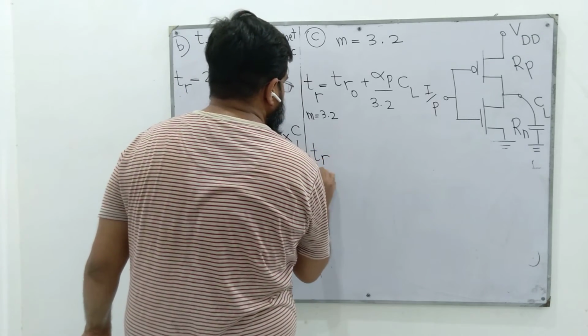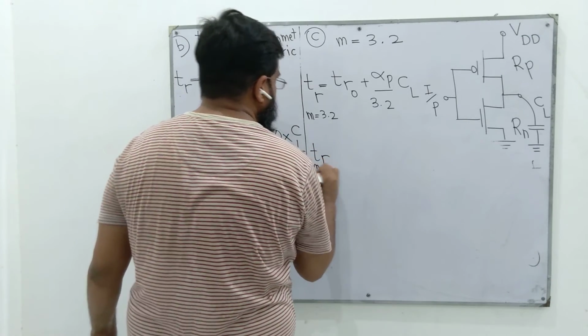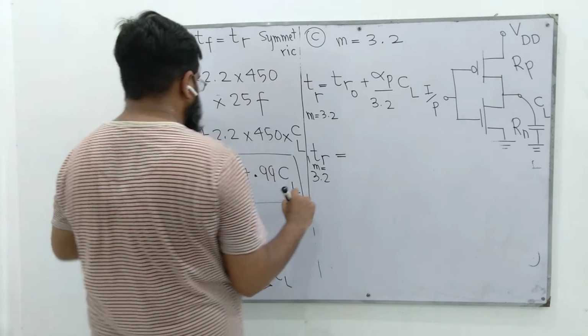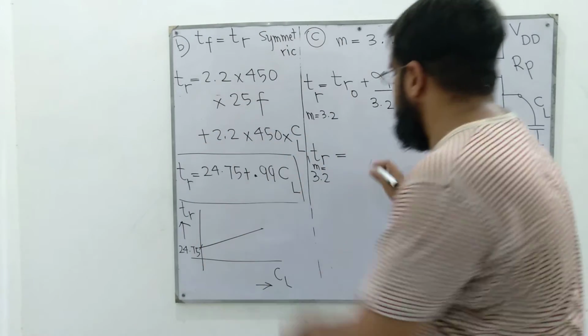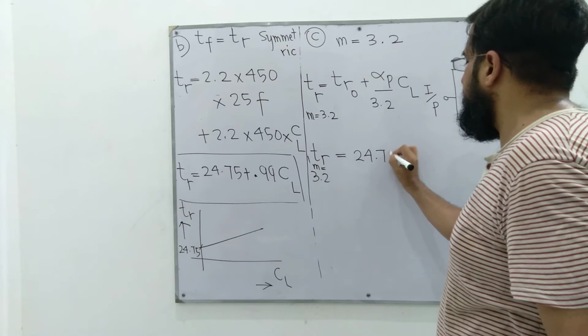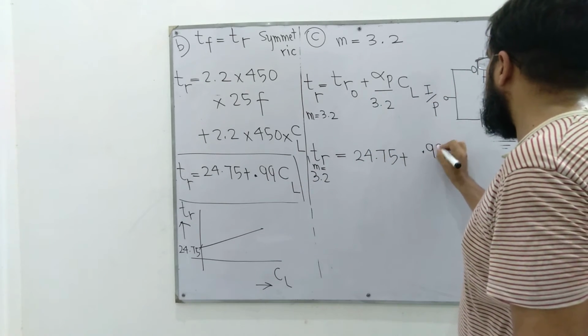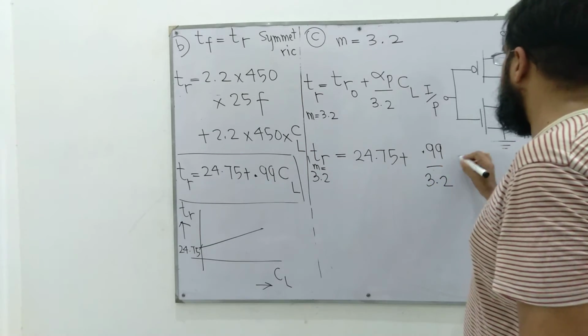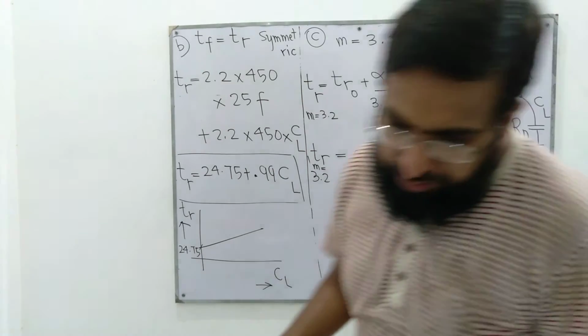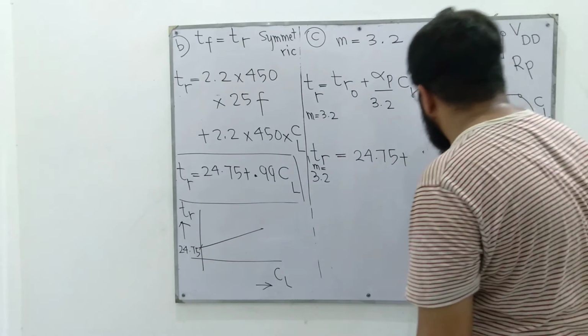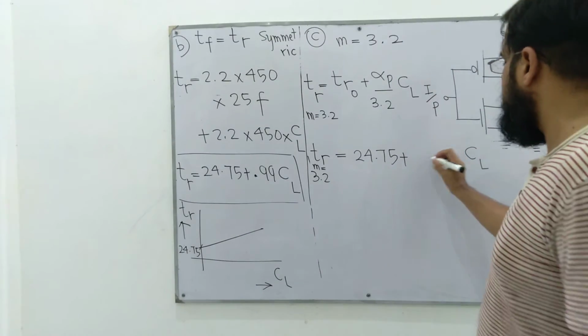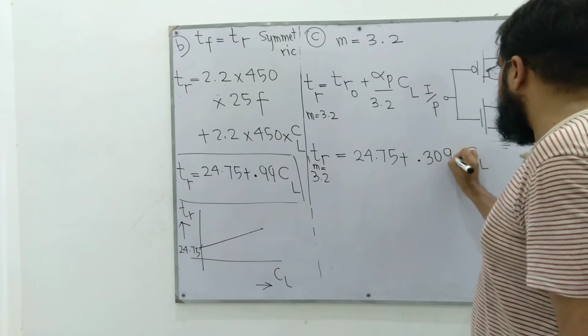So Tr for m equal to 3.2 is TR0, 24.75, the same, unchanged, plus alpha p, which is 0.99 over 3.2, times Cl. So 0.99 over 3.2 gives us 0.309 Cl.